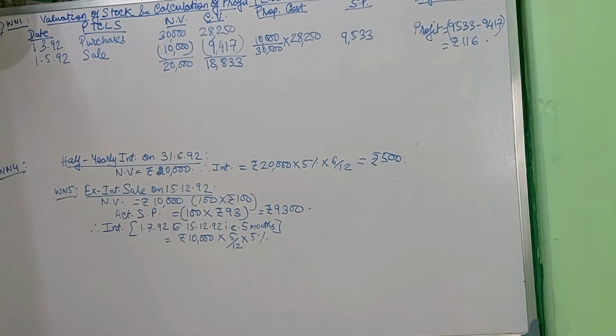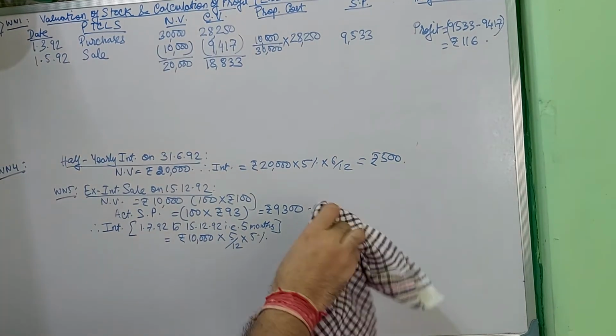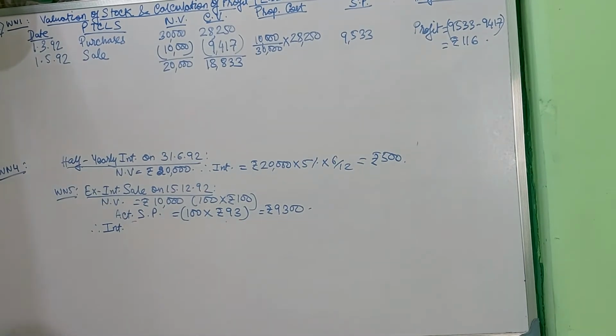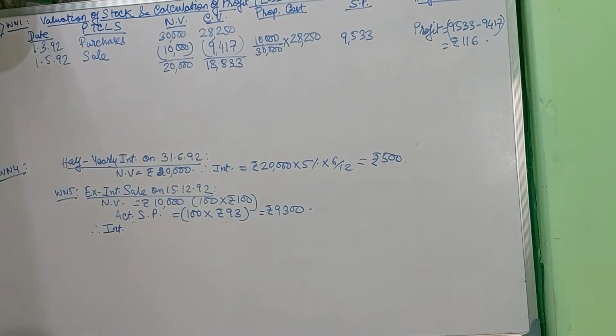Yes, sorry, I made a mistake over here. Interest is obviously from 17 to 15 December, on a half yearly month basis.